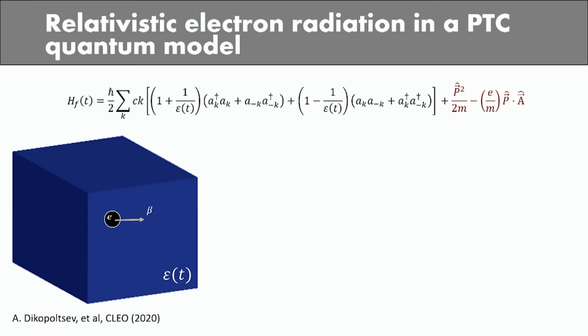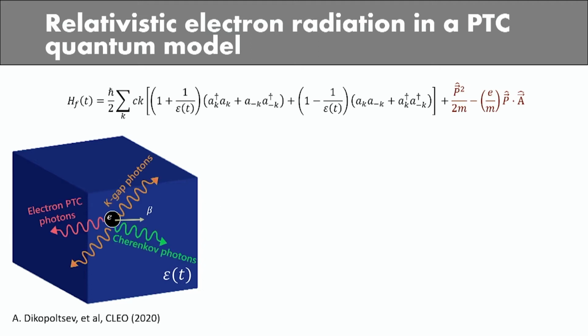And also we studied the radiation of electrons when they move fast in this structure. So we add this interaction term, and what we see is that we get 3 types of photons emitted from these electrons. We get the Cherenkov photons from the fact that the electron is moving fast enough, and we get emission from the gap, again spontaneous emission that is enhanced by this radiation of the electron.